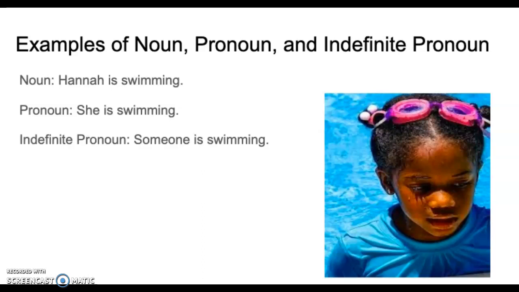If I'm going to do an indefinite pronoun, I'd say someone is swimming. Now, once I change it from my pronoun she to my indefinite pronoun someone, I've lost whether it's a girl or boy. And that's okay. It just means we don't know for sure.